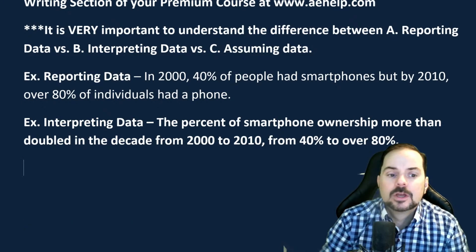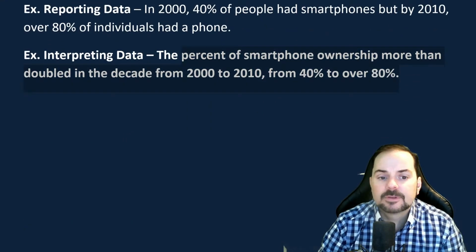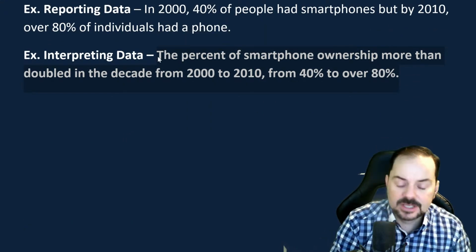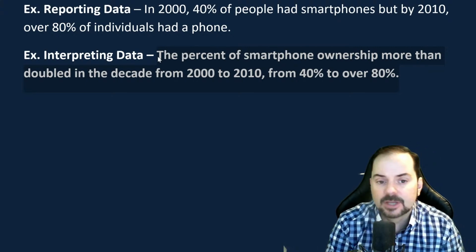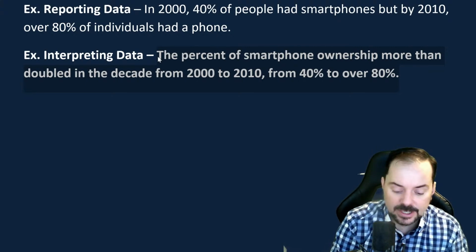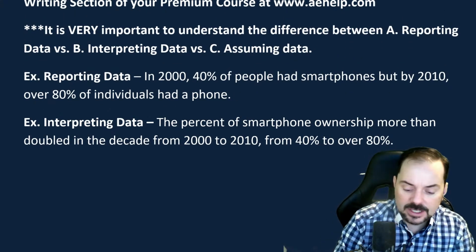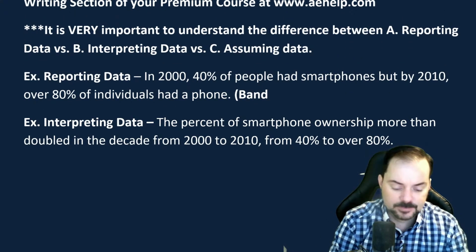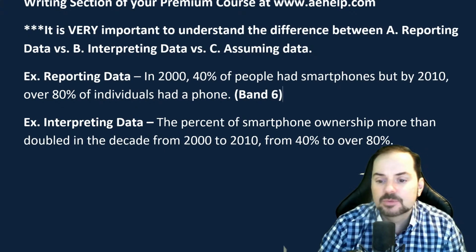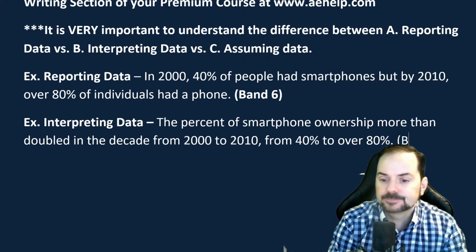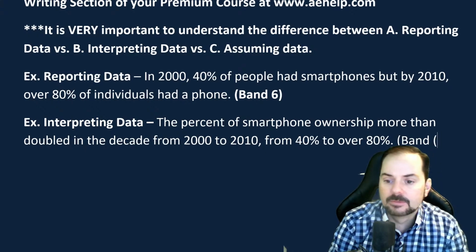Okay, so this would be interpreting data, because I'm telling the reader that I'm noticing that it's a doubling or more than doubling of ownership, right? So this would be like your band 6, and then this would be like your band 9 level writing.